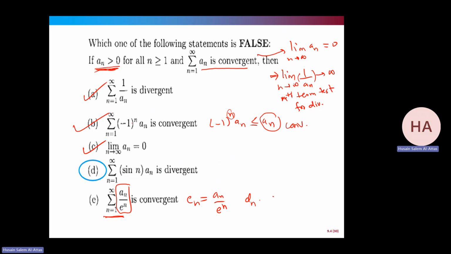Dn make it 1 over e to the n. Now if this one converges, I know this one converges as a series, since it's geometric.